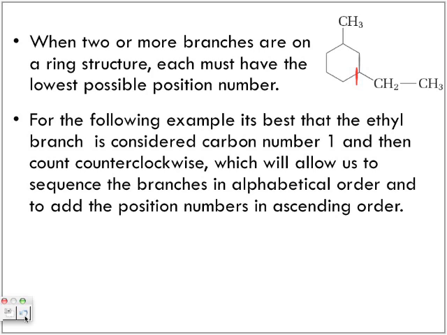We always want to count it in the direction where, well, we've got 1, 2, 3, 4. This becomes the number 5 carbon where the methyl group is. But if we count it the other way, this is 1, this is 2, this methyl group is now on the 3 carbon. So we want to number it in a counterclockwise motion.